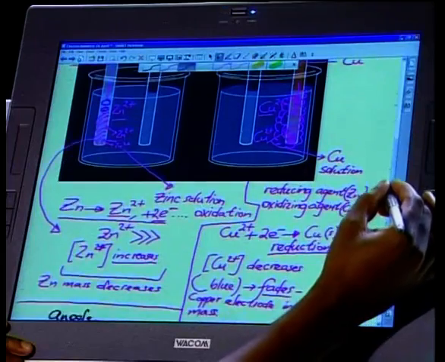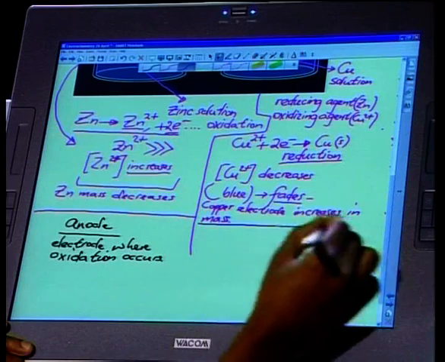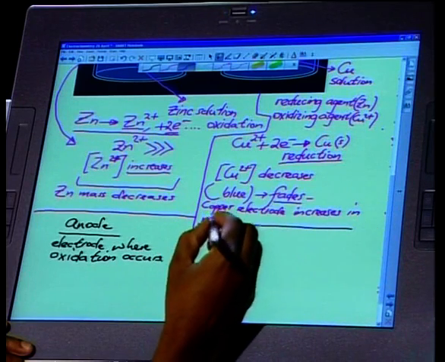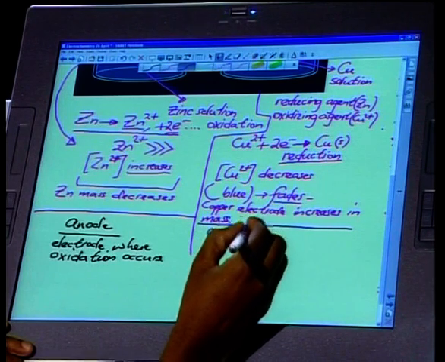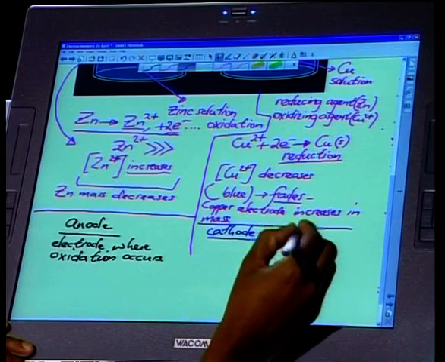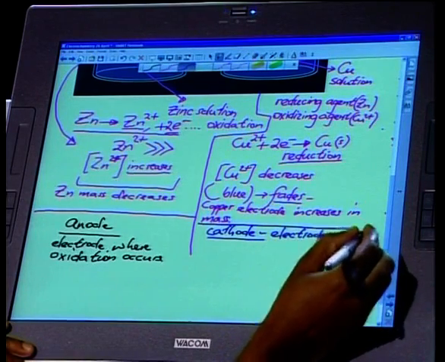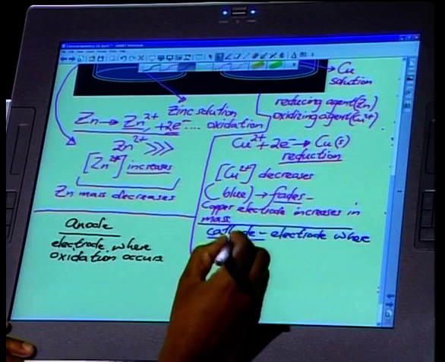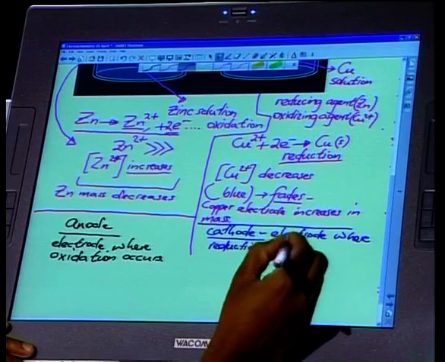Now let's look on the other side. We also defined this other term, the cathode. And we said the cathode is the electrode where reduction takes place. Now, where did we see reduction taking place?